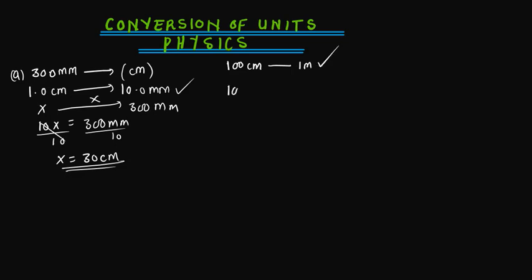Then of course 1000 meters is equal to 1 kilometer. So from centimeters you can take it into meters, and from meters you can take it into kilometers. That's just how simple everything is. All right, let's get to do something else.